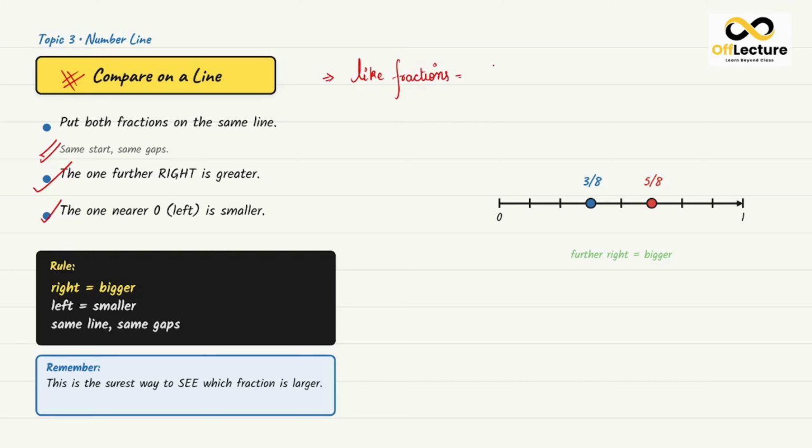Let's say we have 3 by 8 and 5 by 8. We have denominator 8, so we will create 8 equal parts: 1, 2, 3, 4, 5, 6, 7 and 8. Then we will mark 3 by 8 here, and 5 by 8 here.